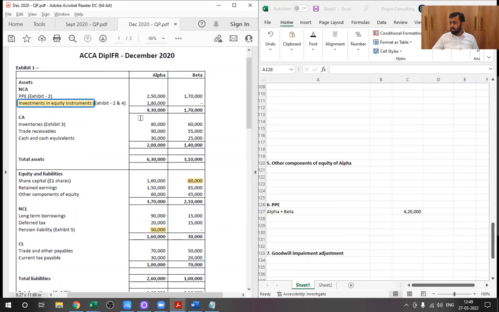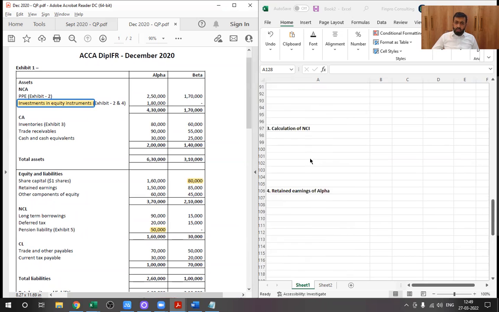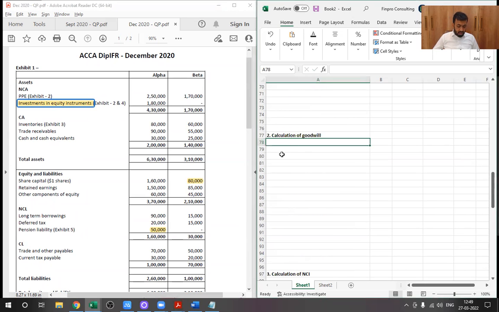For calculation of goodwill. Calculation of goodwill, absolutely right. So here there is a calculation of goodwill. This working note is there. So we will write purchase consideration. What is the purchase consideration here is 1,80,000. You are accounted for that. There are adjustments. We will do it subsequently, not immediately.